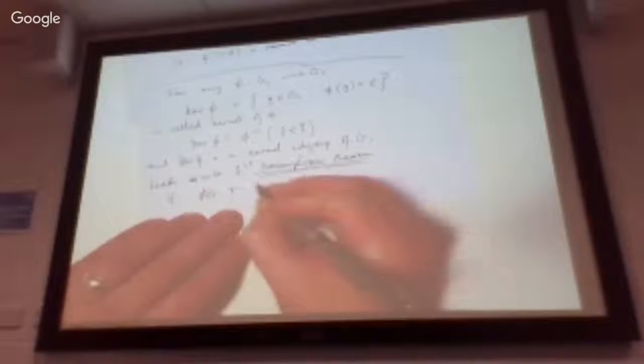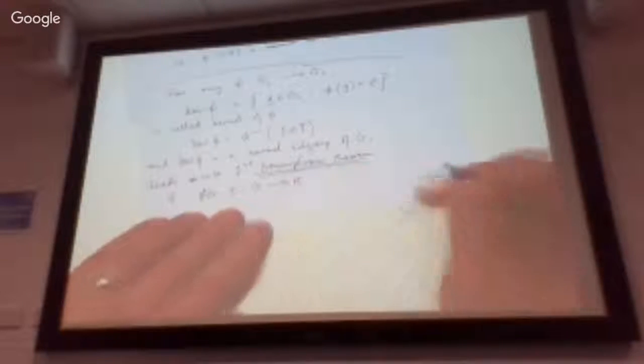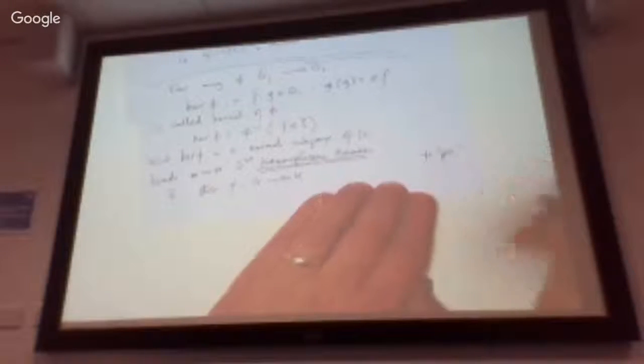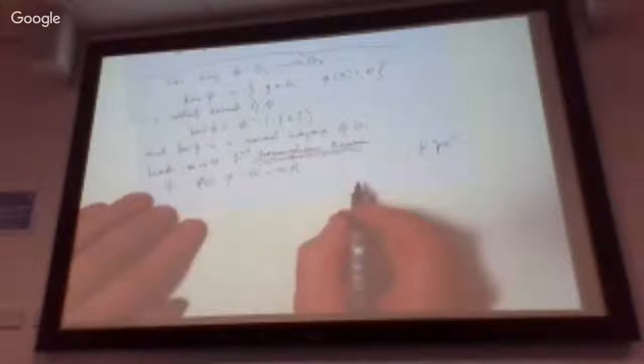So psi goes from G to H, that's the Greek letter psi, remember? And if we let K equal the kernel of psi, then K will be a normal subgroup in G.